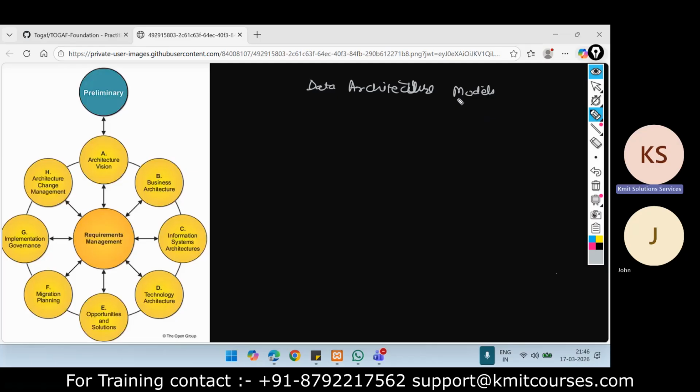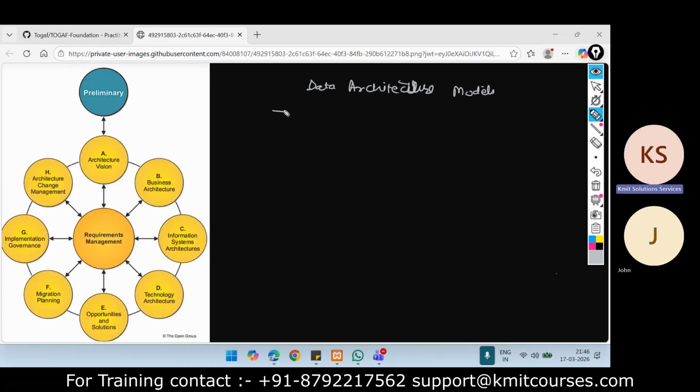Here, when we are talking about the data architecture model, we need to identify the database tables, database flow diagram. Okay, so that is the modeling.